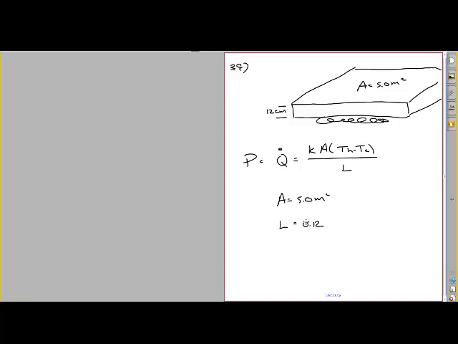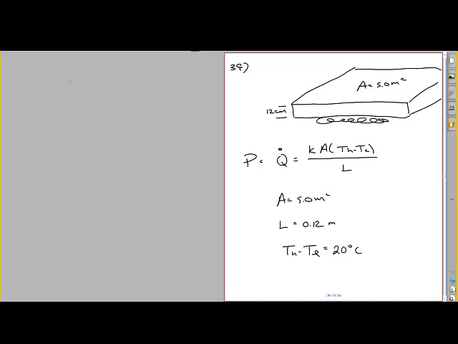We know L, which is the thickness, is 12 centimeters, which is 0.12 meters. We know that T_H minus T_L is equal to 20 degrees C. So the only thing I have to do is figure out what K is, the thermal conductivity for concrete. That's not too hard. Just look in the book.